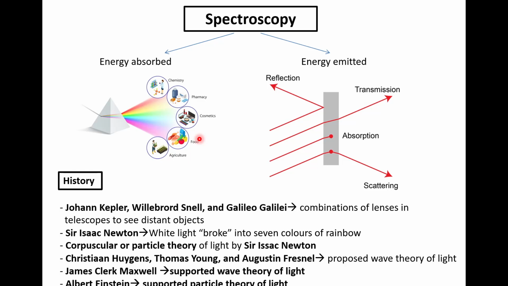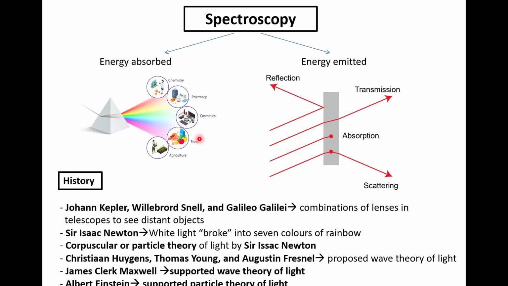So for the first time, Sir Isaac Newton gave the idea of the corpuscular theory, or the particle theory of light.